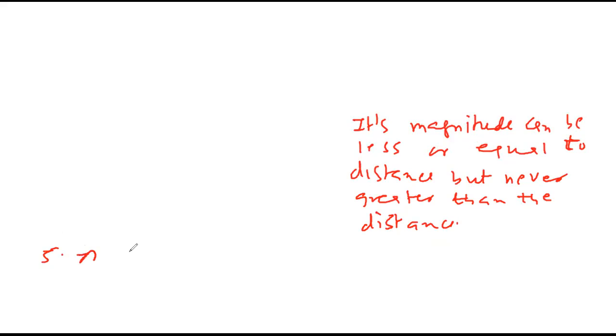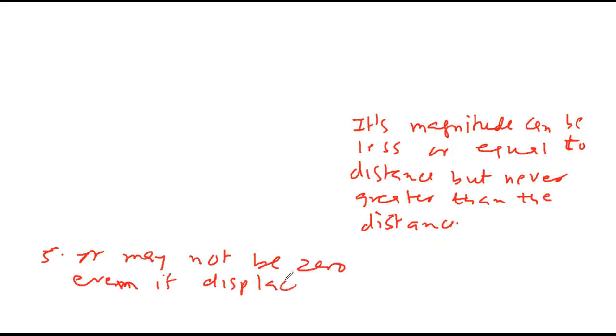Fifth point: distance may not be 0 even if displacement is 0.